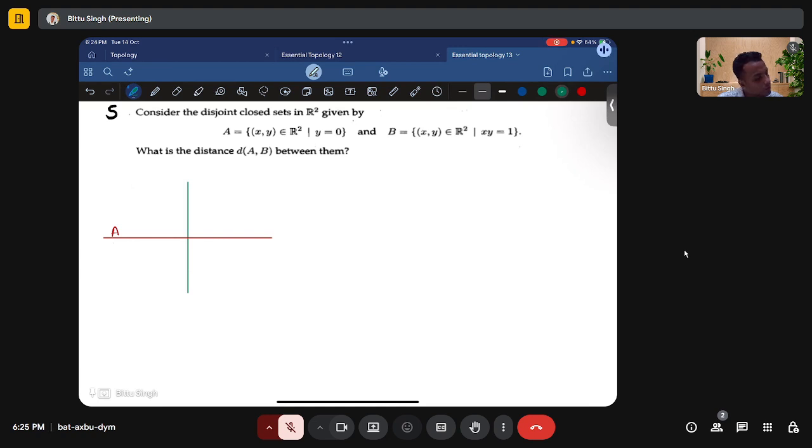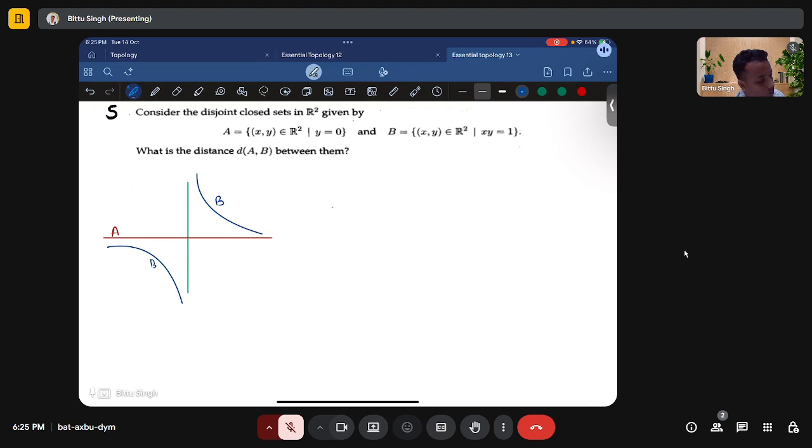So this will be our hyperbola xy equal to 1, this part. Right? There will be another branch like this. Okay. So we need to find the distance between this B and A. This is B.